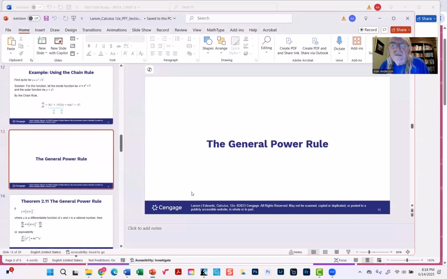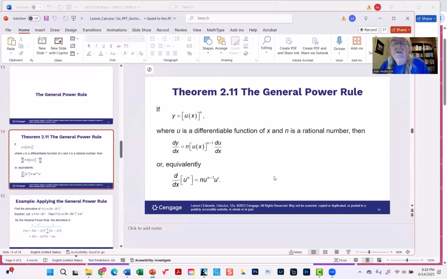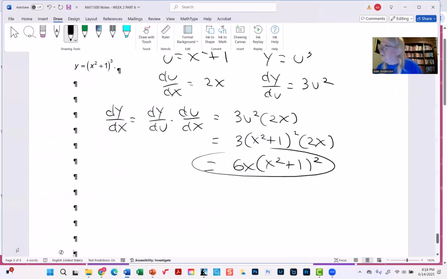Now, the general power rule. All of this gives us the following important result. The regular power rule that we saw earlier is very simple.